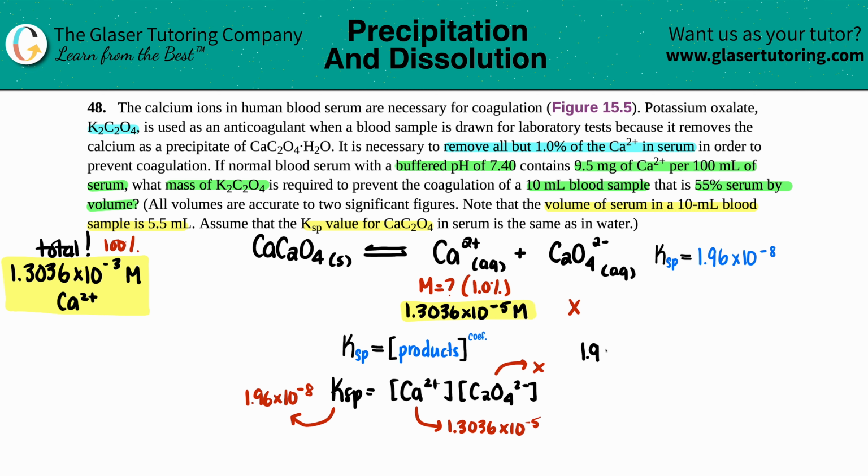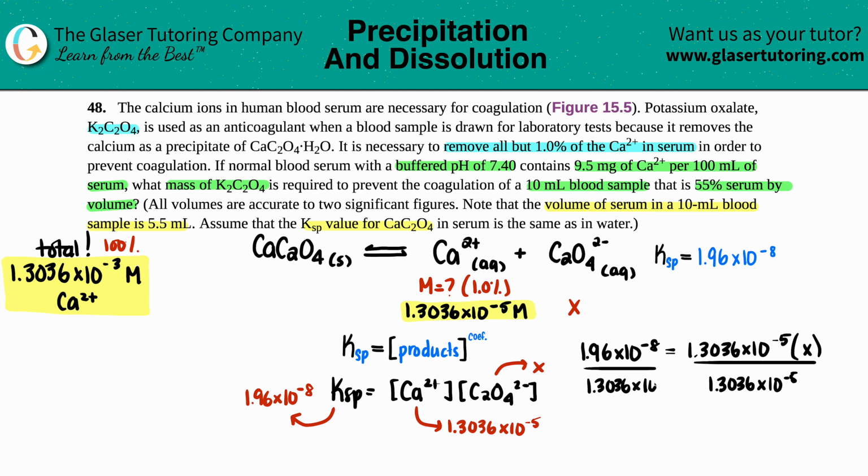So 1.96 times 10 to the negative eighth equals 1.3036 times 10 to the negative fifth times X. And now we're just going to divide by 1.3036 times 10 to the negative fifth. Okay, cool.